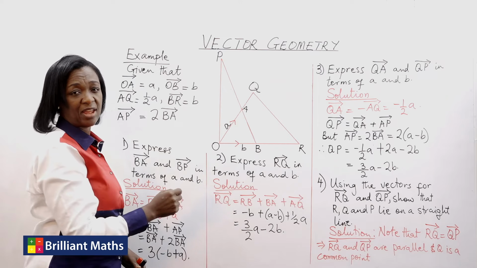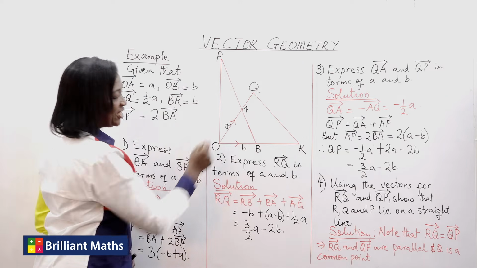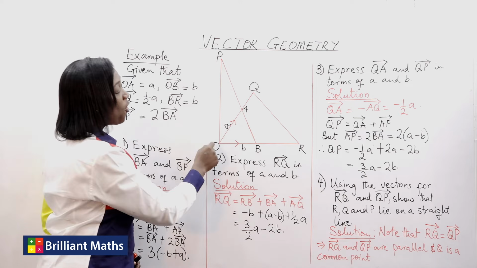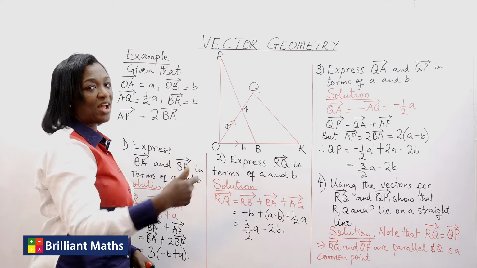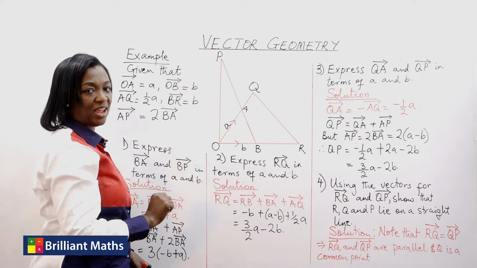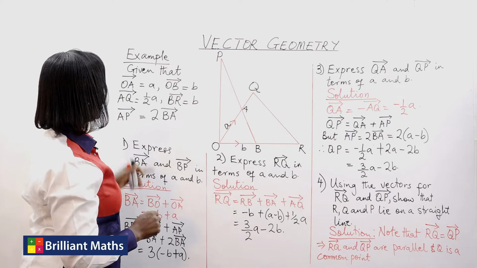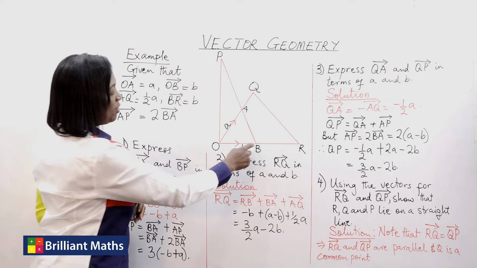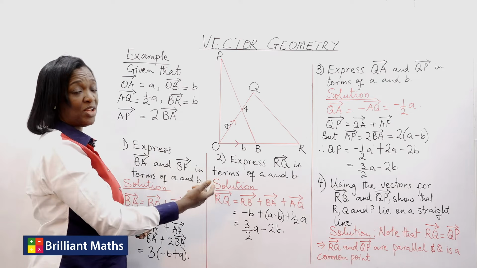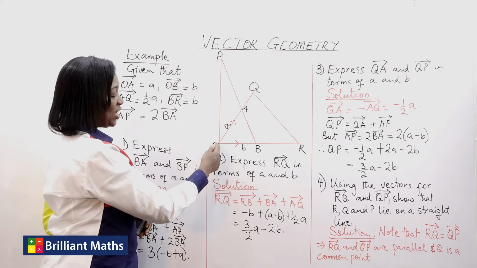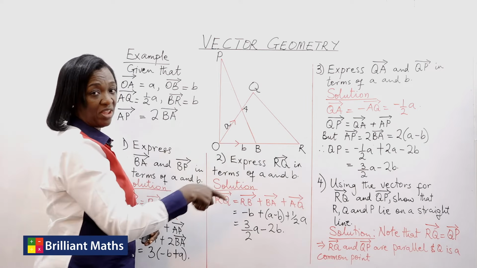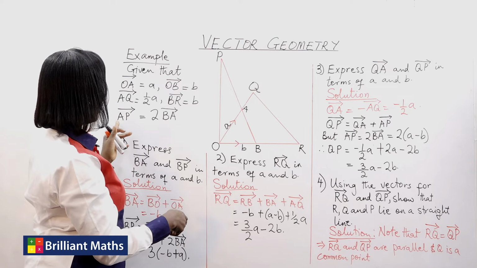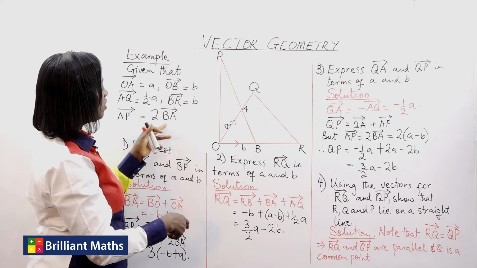AQ is half A, but OA is A. So that means that OQ is 1 and a half A, which is 3/2 A. So take note of that. So AQ is half A. BR is B. So that implies that OR is 2B. And then AP is equal to 2BA.